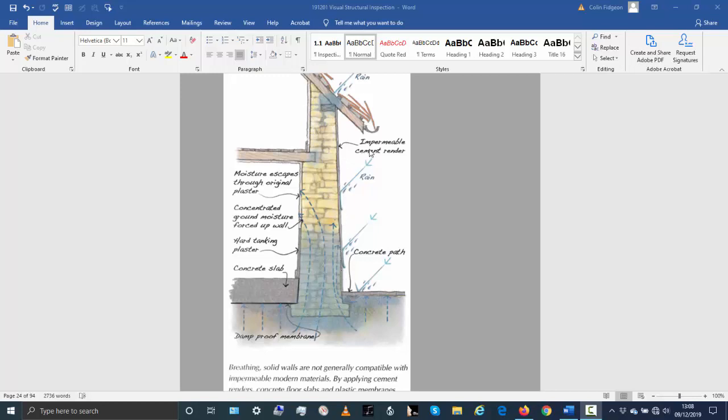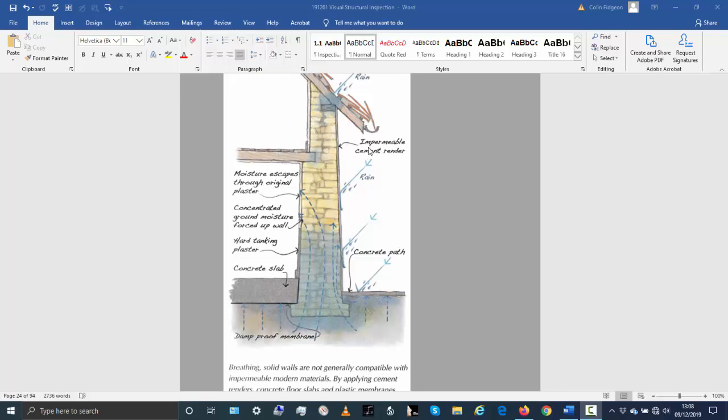Now, it's okay to put a lime render, but not a cement render. And it's okay to put a lime render because lime breathes. But cement is very, very different. I mean, cement is stronger. That's why when it became commonplace in the 1950s, a lot of people used it because it was stronger.